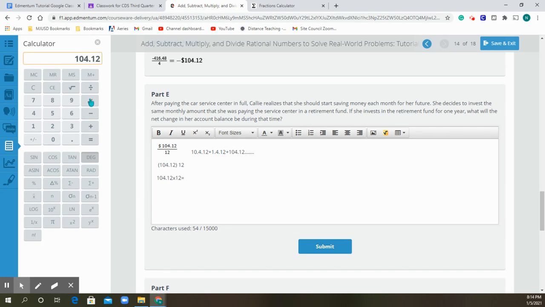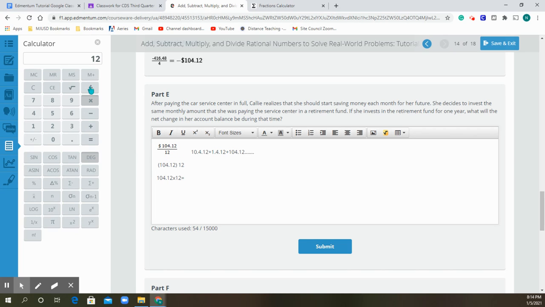104.12 times 12, and it says, what will the net change in her account balance be during that time? So it's that much per month. So actually this would be over 1 if it was per month.